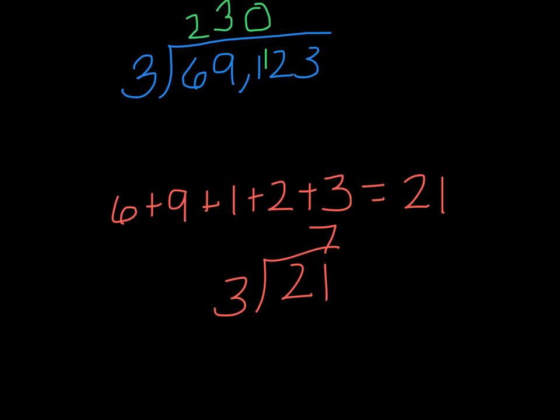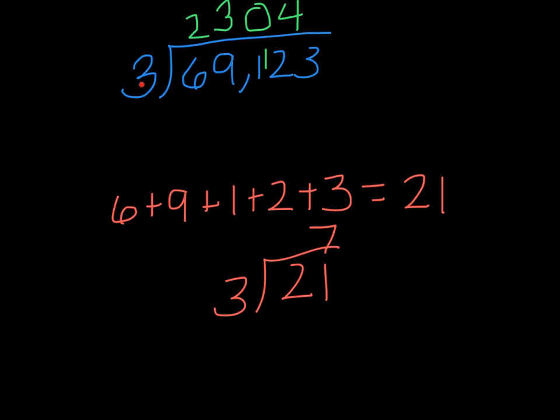3 goes into 12 4 times. Then we have 4 times 3 equals 12. 12 minus 12 is 0.